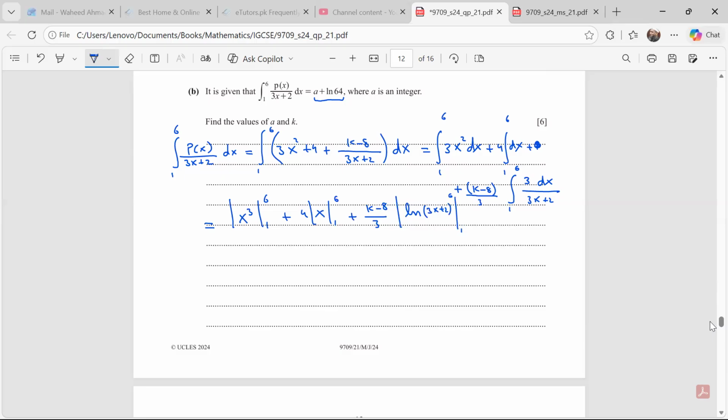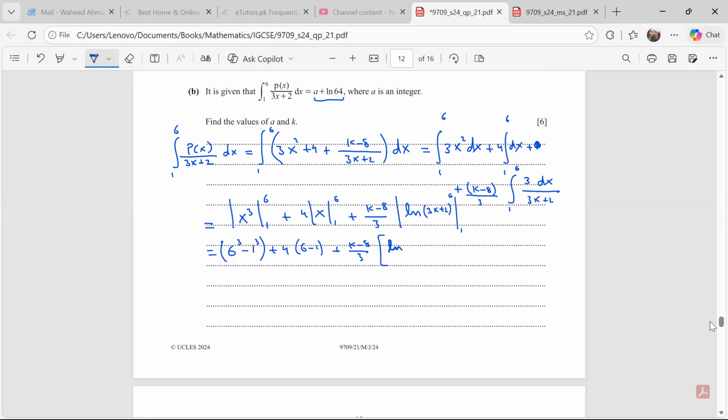So this is 6 power 3 minus 1 power 3, plus 4 times 6 minus 1, and this is k minus 8 over 3, and inside I have, when I put the upper limit, 6 times 3 is 18 plus 2, 20.